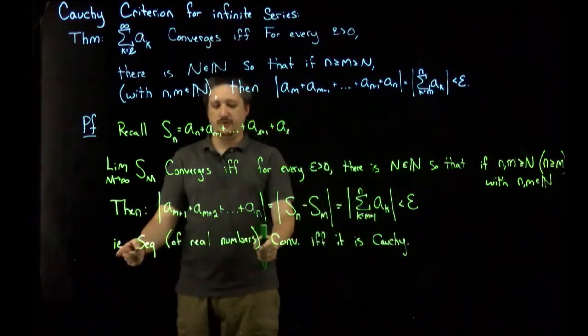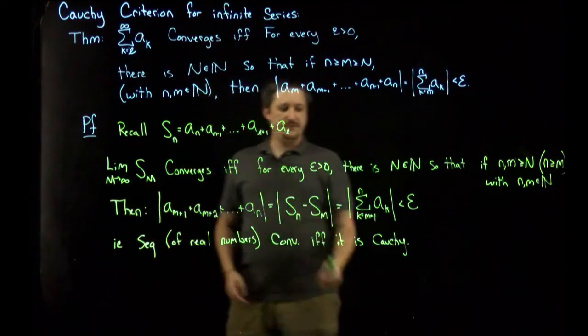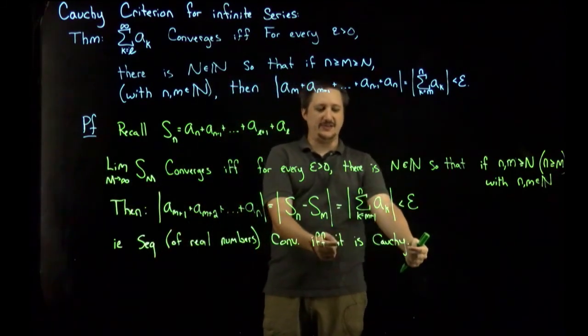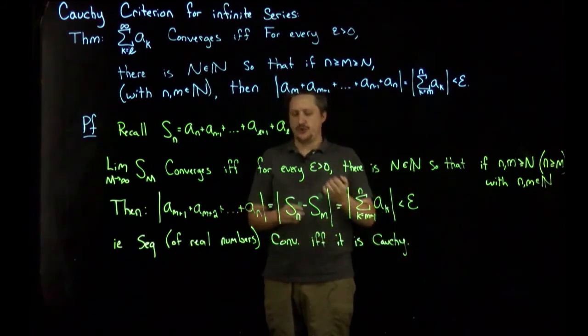Right, so a sequence of real numbers converges, that's this thing, if and only if, and this definition is exactly saying that it's a Cauchy sequence. And this is in chapter 2.